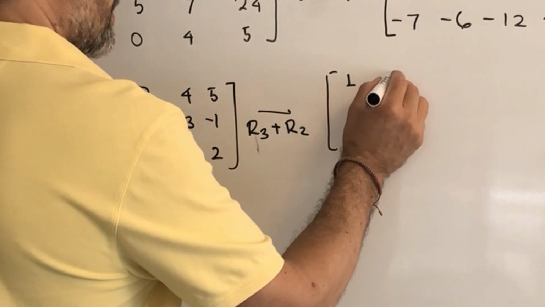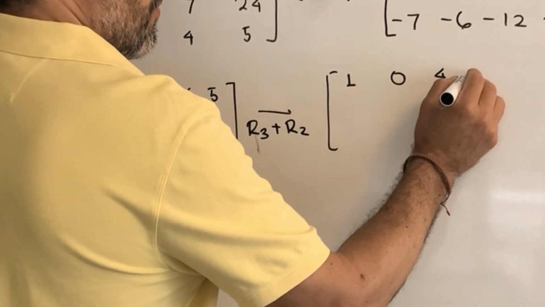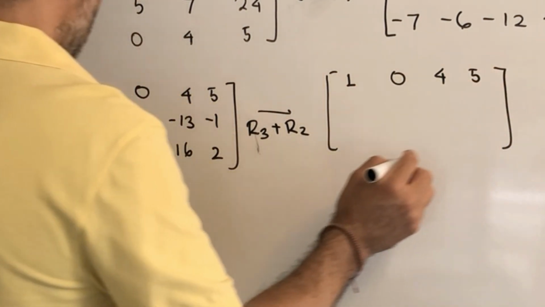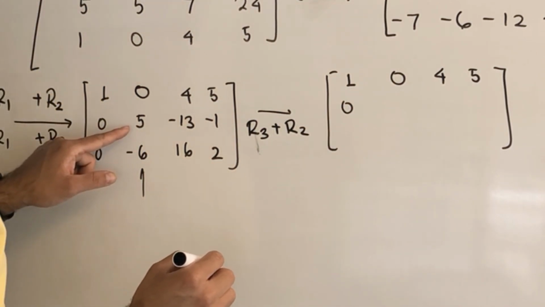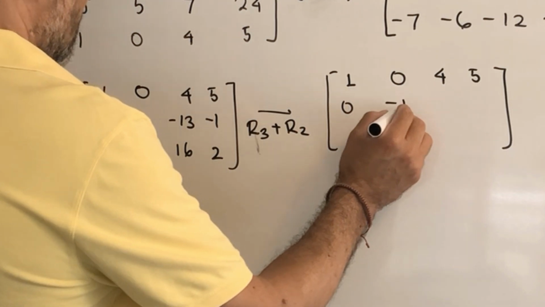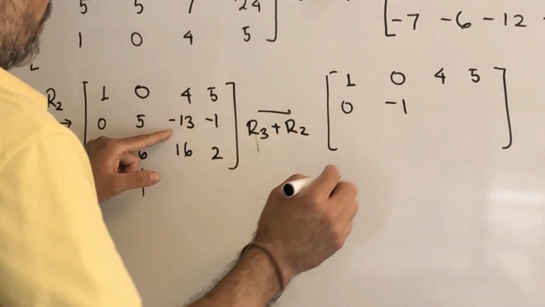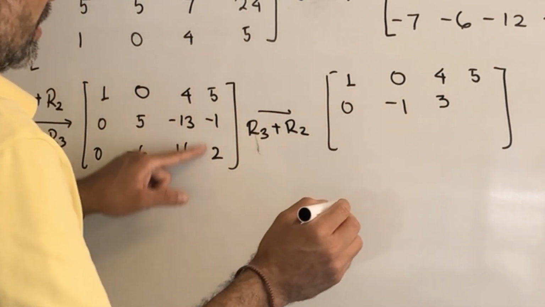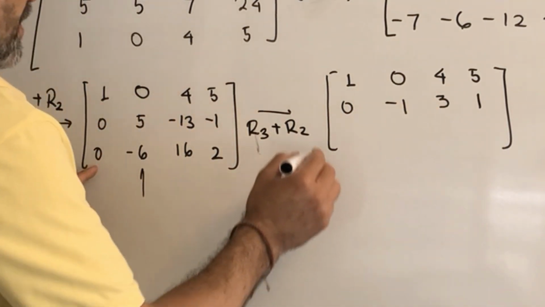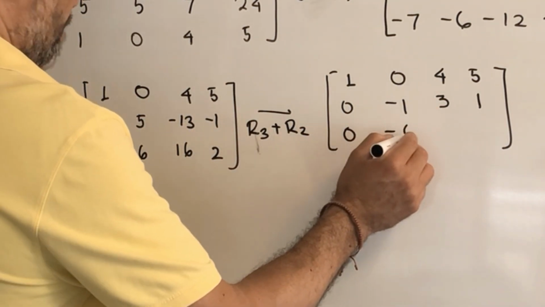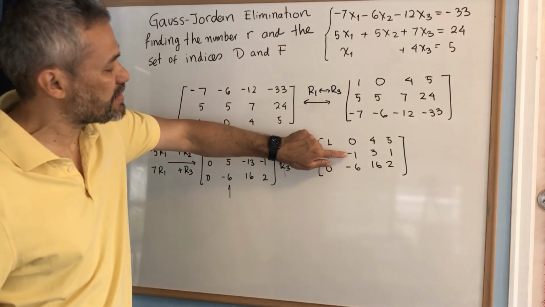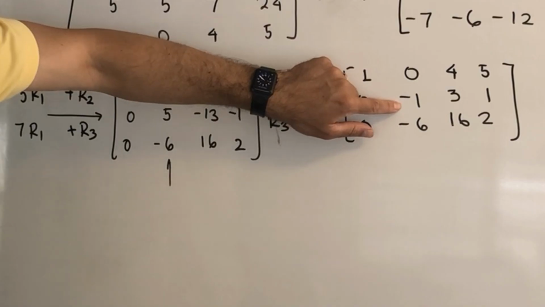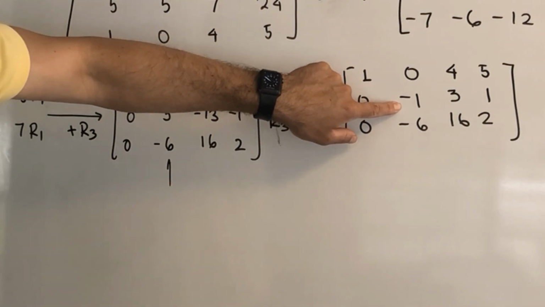Then I have 1, 0, 4, 5, and here I have 0. I will be getting here a negative 1. Here it would be a positive 3, and here you will get a 1, and here this 1 stays the same. Now this is a better choice for a pivot. Let's just multiply this row by negative 1.